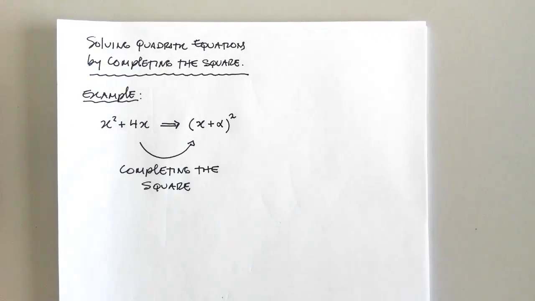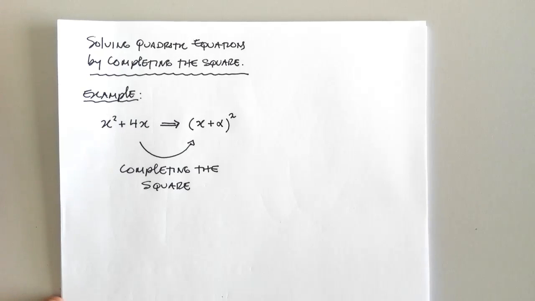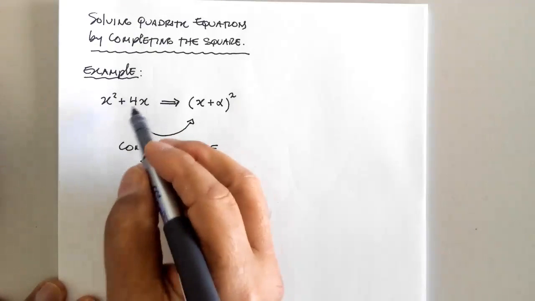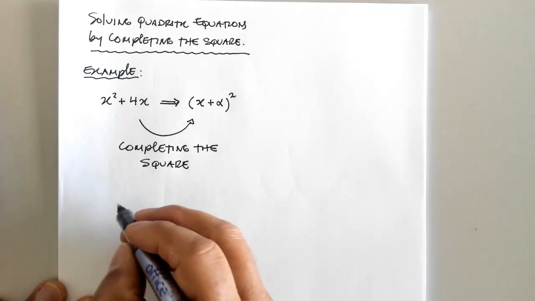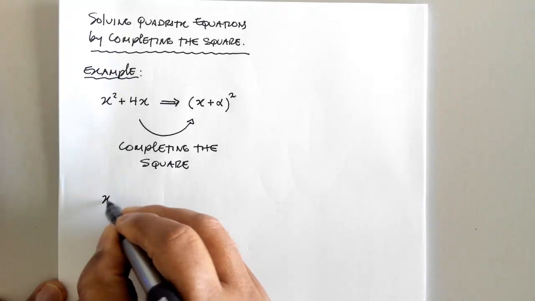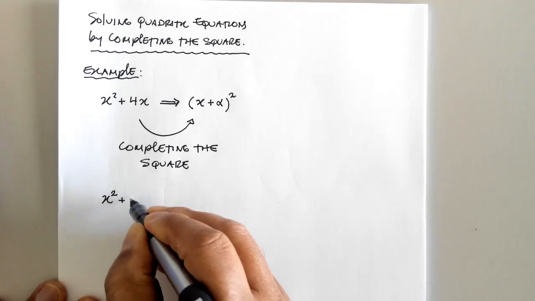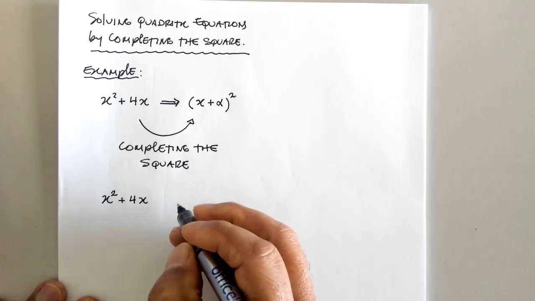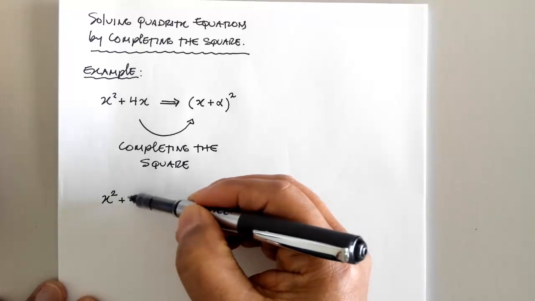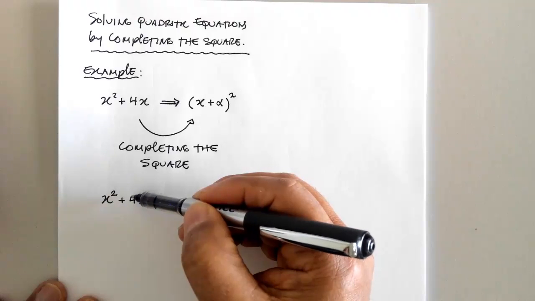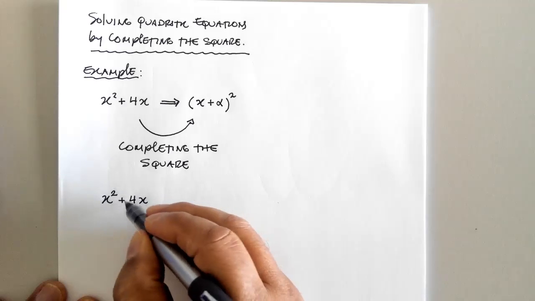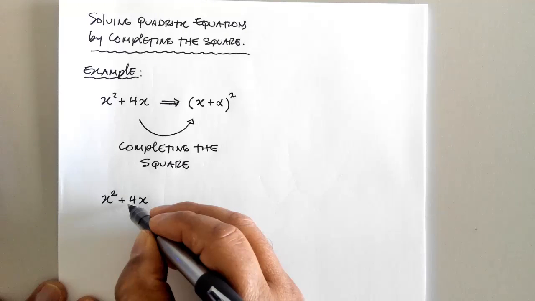Okay, so let's see how we're going to do this. The technique is this. If you're going to complete this square, we have x squared plus 4x, and then we are going to divide this number by 2. So 4 divided by 2 is 2, and then we square it. 2 squared is equal to 4.